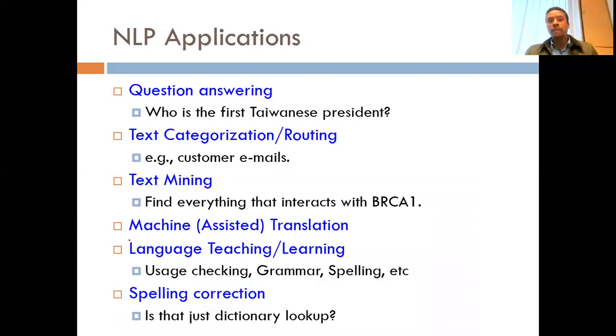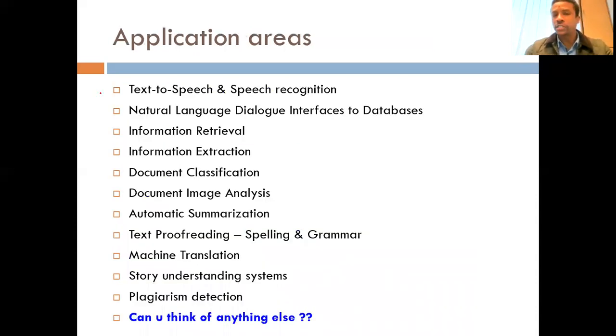So saying this much, there are many NLP applications that we have, like question answering, text categorization and text routing or email routing, text mining, extracting new knowledge from already existing text, machine assisted translation, language teaching and learning, spelling correction, grammar correction, text to speech or speech recognition, natural language dialogue, which means a speech conversation, information retrieval, extraction, document classification, image analysis, automatic text summarization, spelling and grammar checking and correction, machine translation, which means a complete machine translation, story understanding from a movie, plagiarism detection, and many other applications available these days.